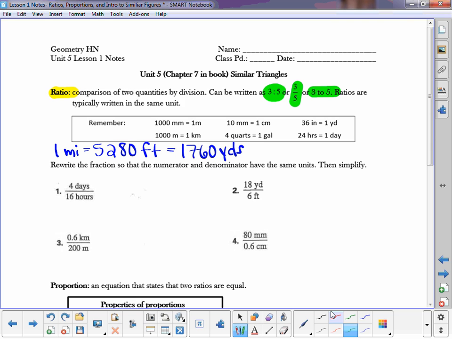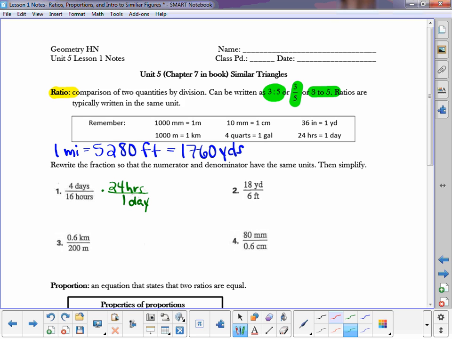So if I want to know how many hours these days are, do you agree we just multiply by 24? Okay, so I'm going to go ahead and write that out. 1 day is 24 hours. So I'm going to multiply by 24 hours on top. Now, I don't remember which science class it is that you do this in, but in one of your science classes, you'll be doing conversions, and sometimes you do something like this.